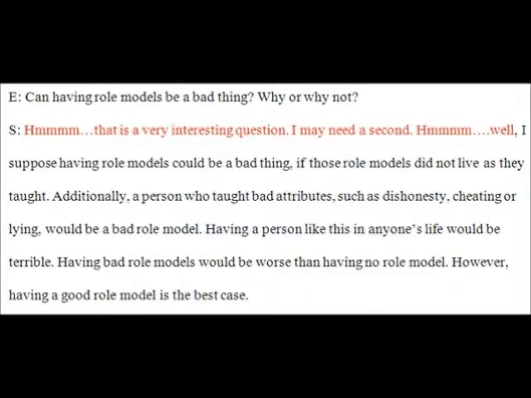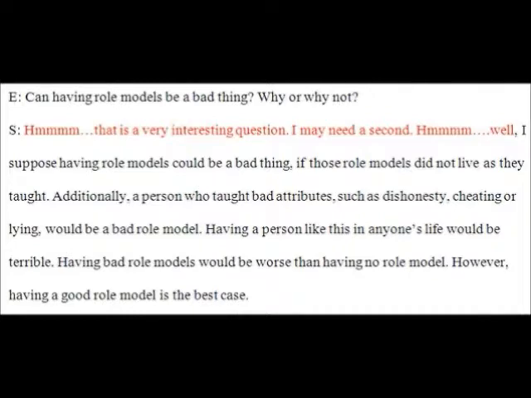Can having role models be a bad thing? Why or why not? That is a very interesting question. I may need a second. Well, I suppose having role models could be a bad thing if those role models did not live as they taught.